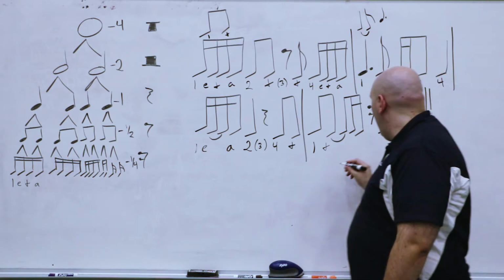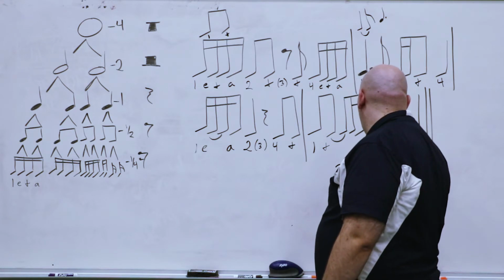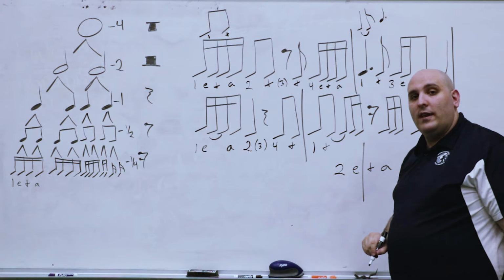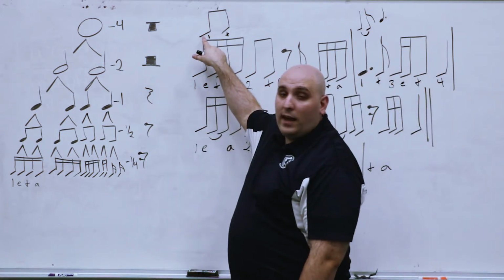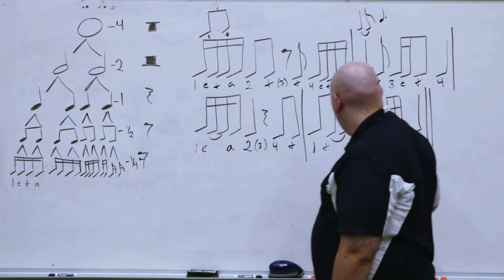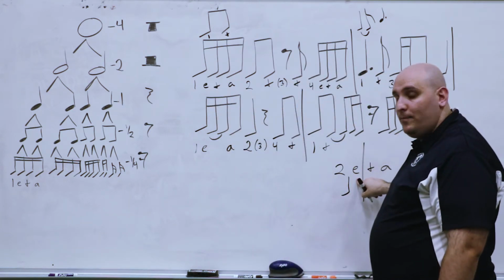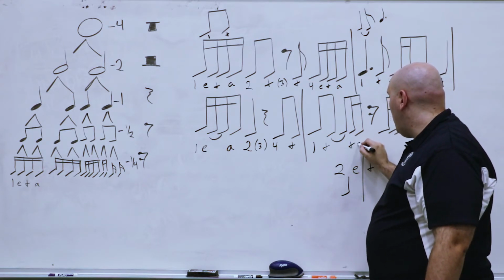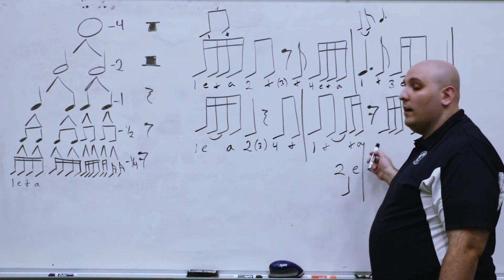So I'll go ahead and put out 2 E and a. If we were to divide this in half, each half would be the value of an 8th note. So because we have an 8th note here, that takes up 2 E. These next 16th notes would make up and, giving us 2 and a.